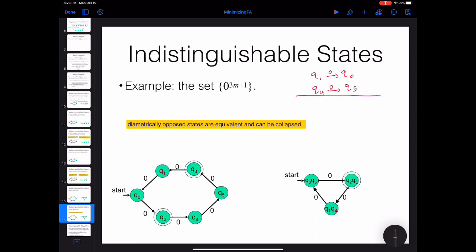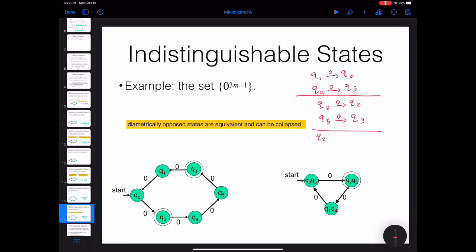Another pair that I might check is Q0 and Q5. At Q0, the transition over 0, I am going to Q2. From Q5, with the transition over 0, I am going to Q3. Again, as you can see, they are not going to end up in the same state, so I cannot merge them.